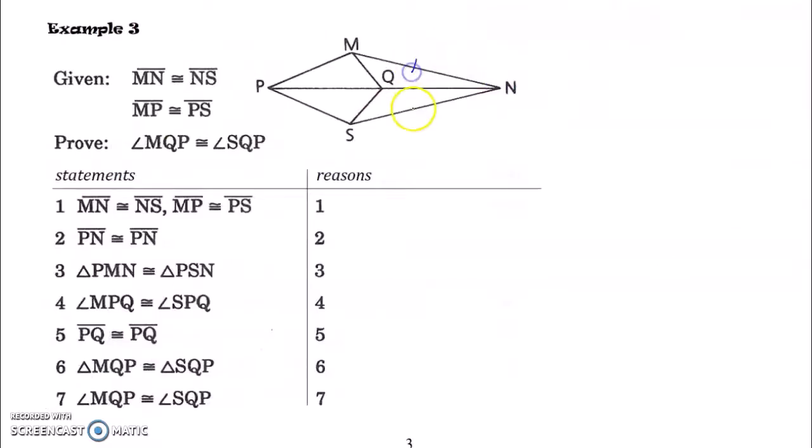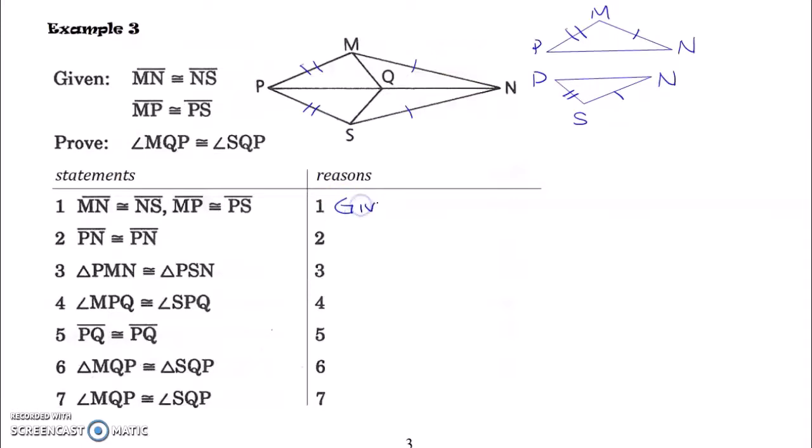So here we are given MN is congruent to NS, and MP is congruent to PS. So that immediately leads me to draw out those segments, and they don't have to be to scale because we can number them or label them. But we should use the same tick marks on both diagrams.